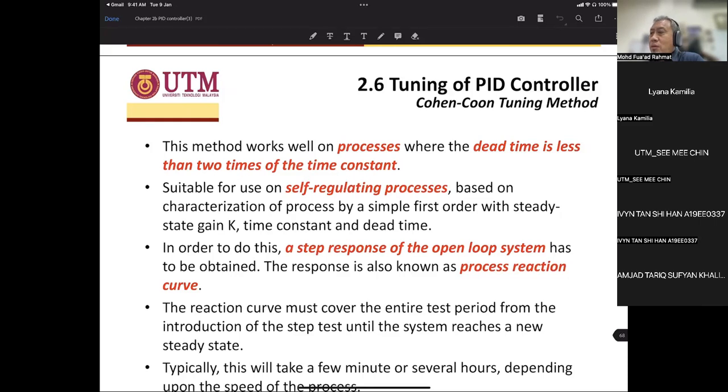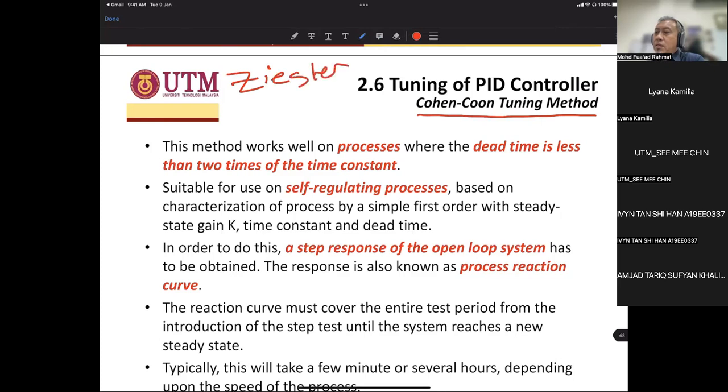Chapter 2b, which is the tuning of PID controller using the second method, namely known as the Cohen-Coon tuning method. Last 2 weeks, I discussed with you the first method, which is the Ziegler tuning method.